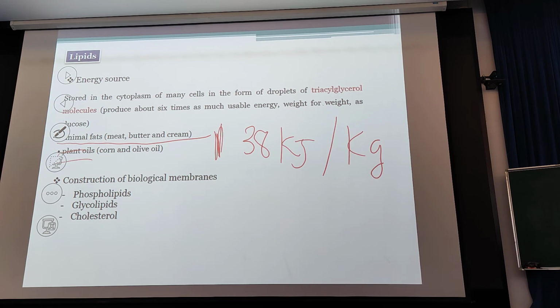And the next very important function of the lipid is the construction of biological membranes. Like the most important chemicals, the phospholipids in the previous slide I showed you, and also we have glycolipids on the surface of the membranes, and also the cholesterol.